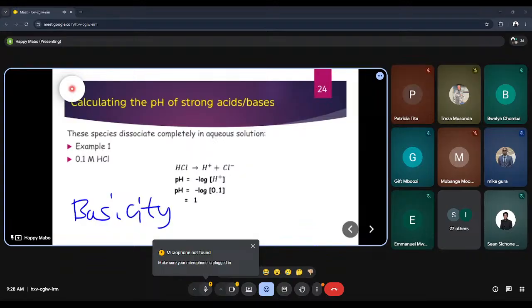Basicity refers to the number of replaceable hydrogen ions an acid has. So an acid with one replaceable hydrogen atom is said to be a monobasic or monoprotic acid. Let me just write these terminologies for you, and I will give you examples of such acids.